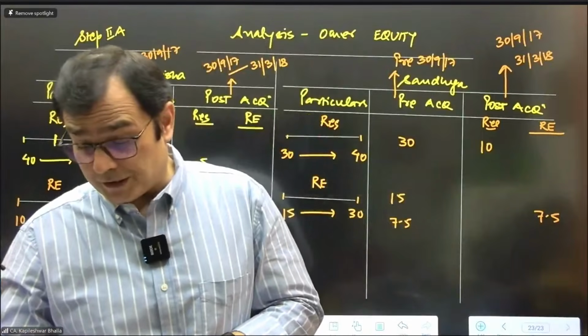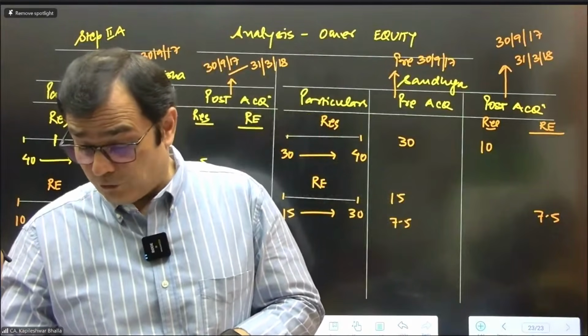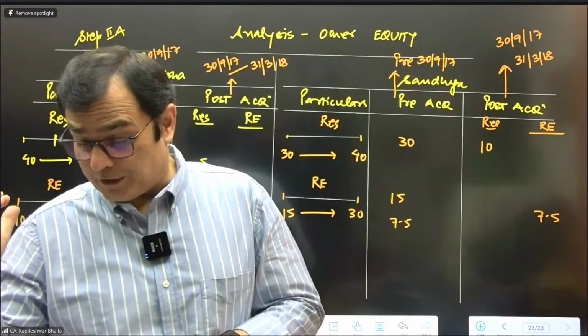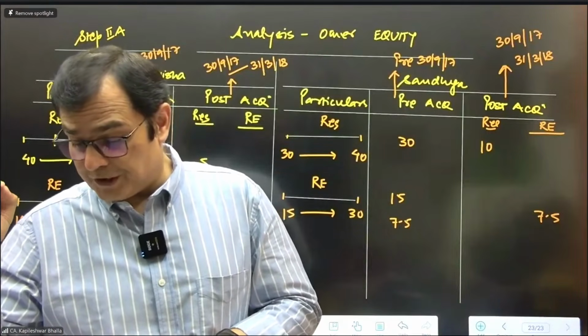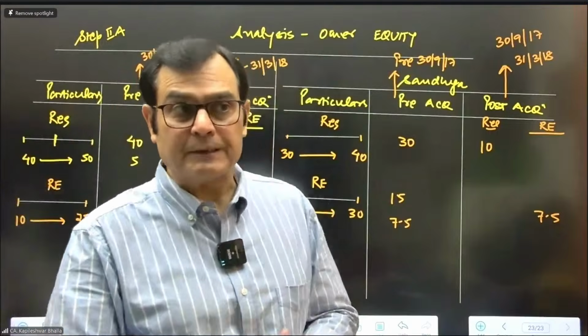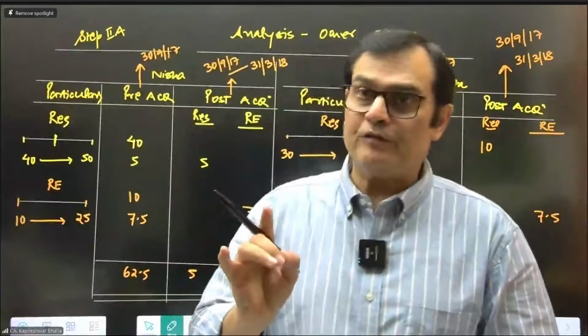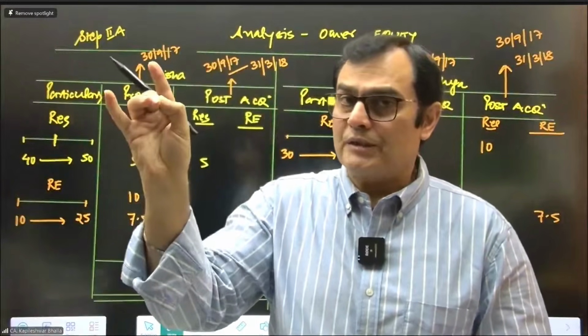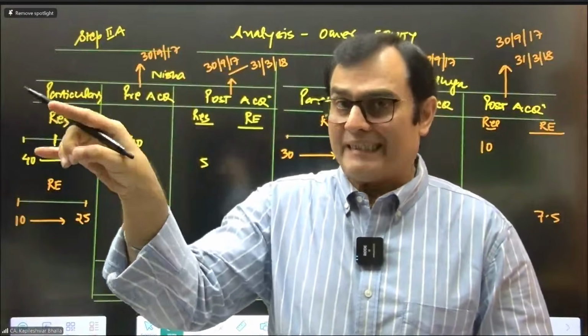We go to the point number 4. It says 5 lakh is included in the inventory of Nisha, which is purchased from Sandhya at cost plus 25%. So when you say cost plus 25%, your maths would tell you 1/4 on cost and it is 1/5 on sale.